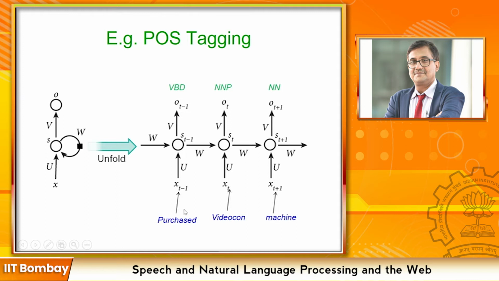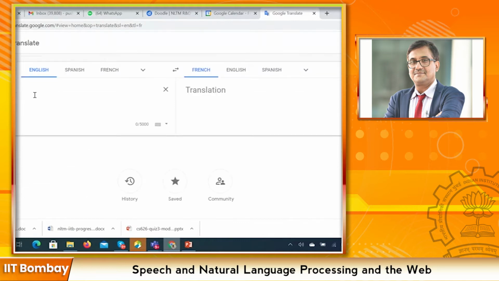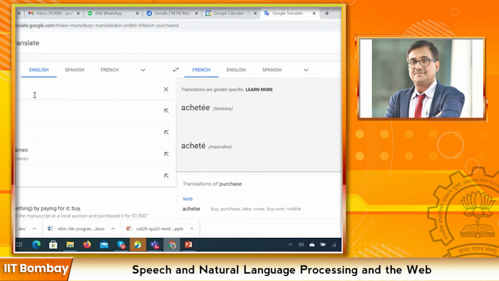I don't know the French equivalent of purchased, but let's check on Google Translate. So let's say English to French. So purchased. Okay, see that, the Google translation system is an interactive or online machine translation system.